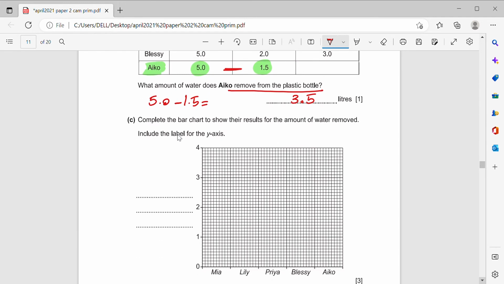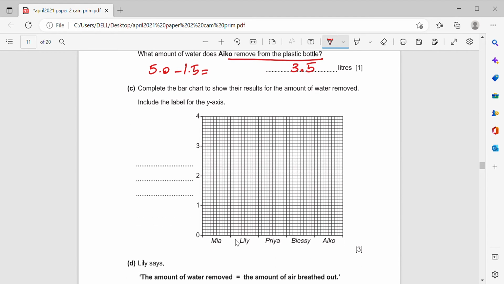Complete the bar chart to show the results for the amount of water removed. Include the label for the y-axis. هنا عندي ميا وليلي وبريا وبلاسي وآيكو، وهنا هنعمل المفروض bar chart. هنا y-axis عليها ايه؟ What's the label؟ عندي the amount of water removed in what?